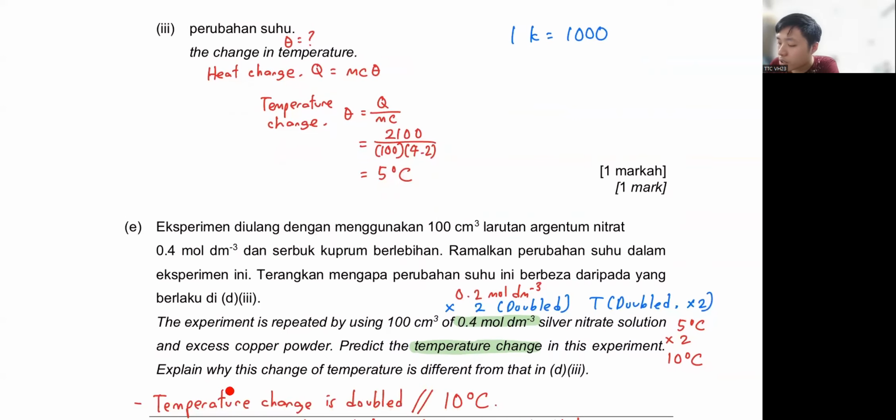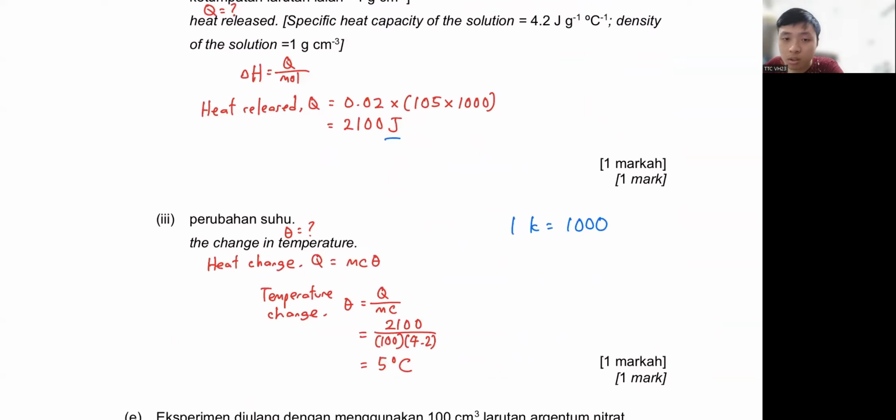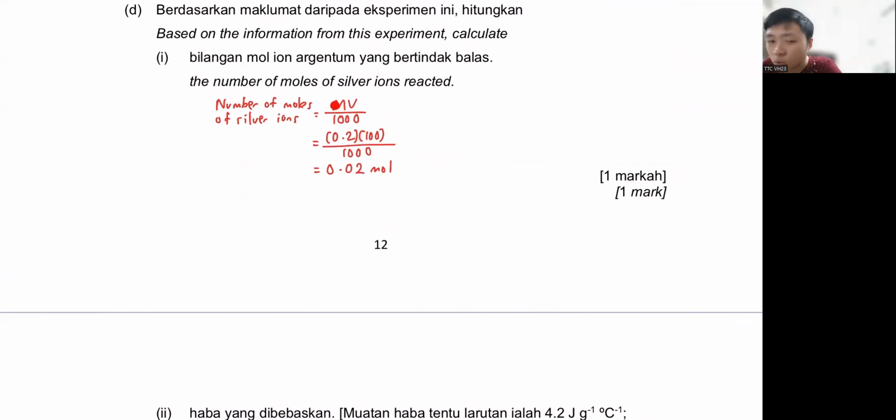You can say the temperature change is double, because the more concentrated, the higher the temperature change. Maybe you ask me why? Because moles equal MV over 1000.